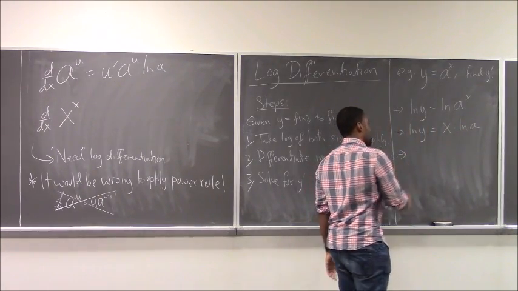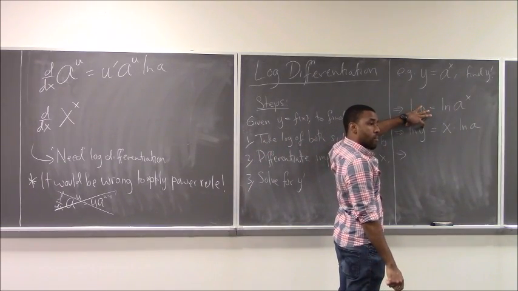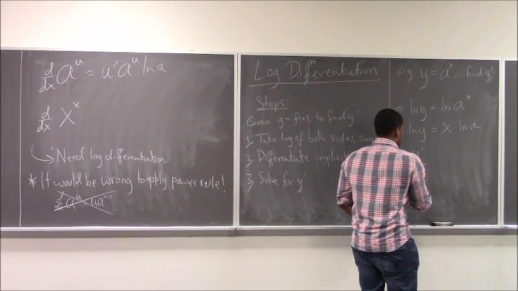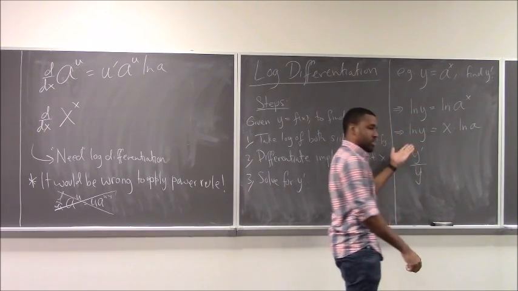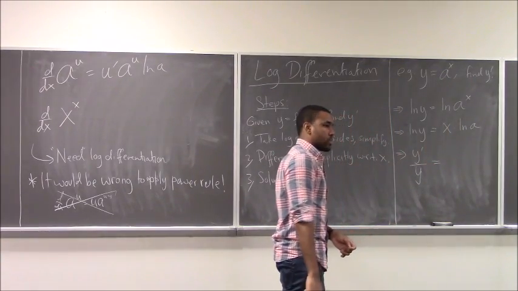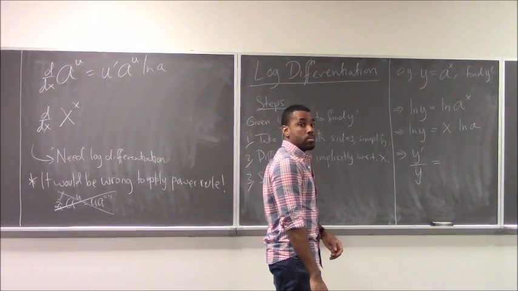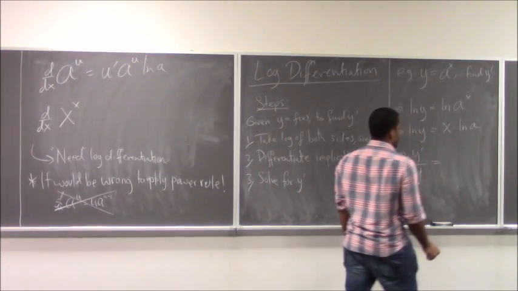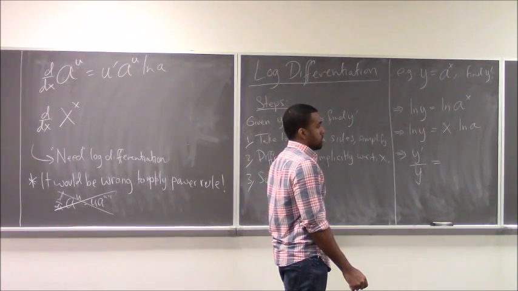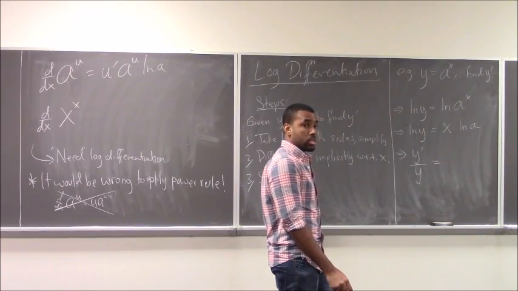Now I can actually differentiate both sides implicitly. What's the derivative of ln y? Y prime over y. Right, the derivative of ln of anything is the derivative of the thing itself over the thing. What's the derivative of x ln a? A is a constant here, which means ln a is a constant.